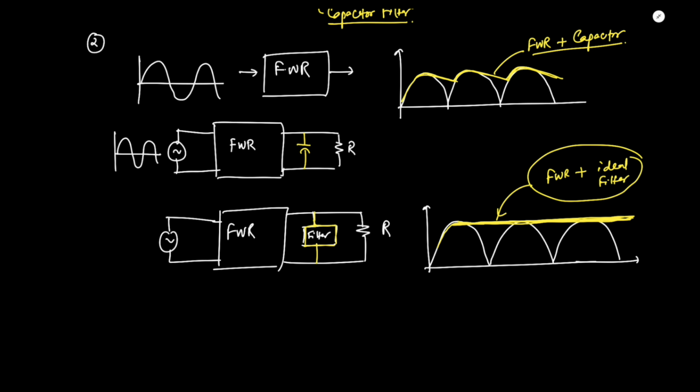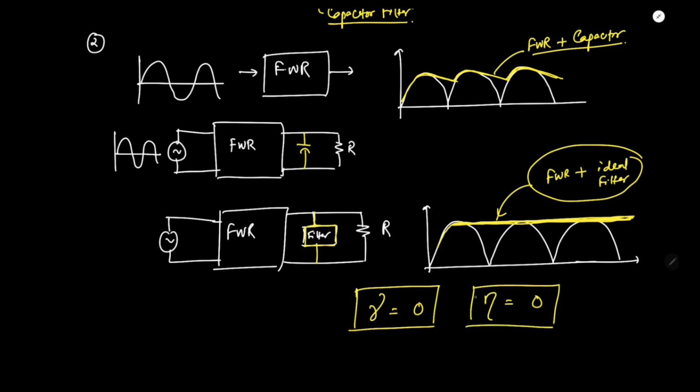If you can manage to build such a filter circuit, then if you calculate the ripple factor, you will see that the ripple factor is 0 because there are no ripples. Conversion efficiency will be 100%, because for an ideal DC, the average value and RMS value are equal.